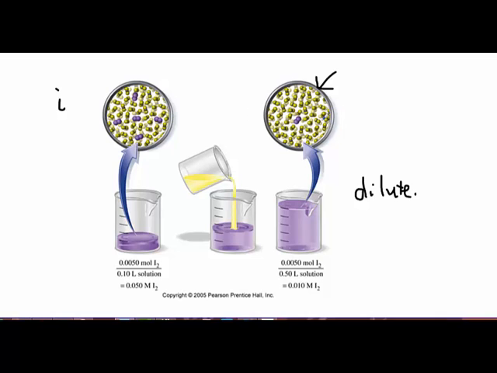So over here, this was more concentrated. We see that there's 1, 2, 3, 4 iodide molecules in a given volume, and over here, once we've added more solvent and they've spread out in the solution, we have fewer of them. So same number of moles, larger volume, which means that we go from a 0.05 molar solution to a 0.01 molar solution.